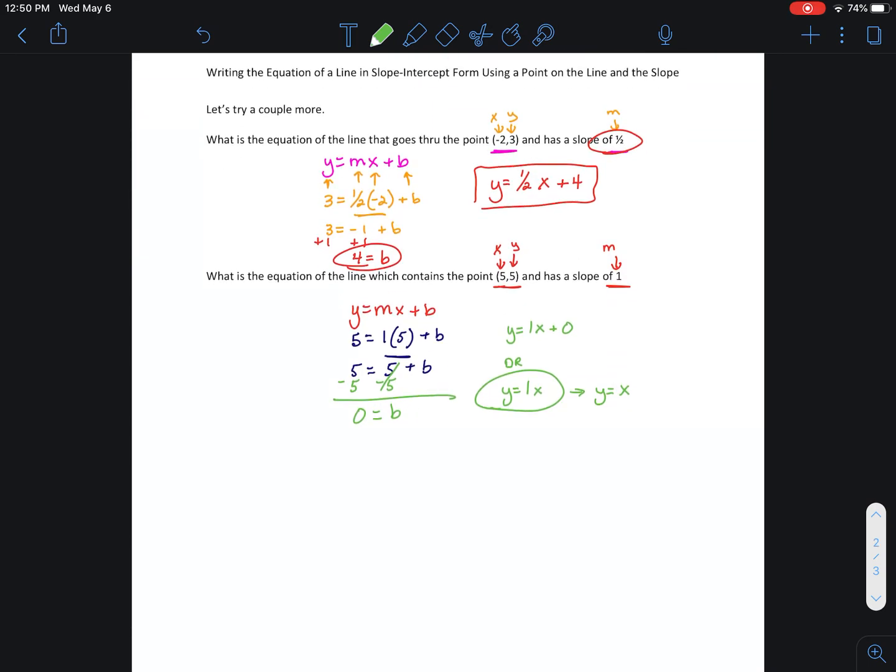What I'd like you to do now, remember, is open up that practice sheet that's back in Schoology, and I want you to try some on your own, and then I want you to check your answers with the answer key, and if you have any questions, contact me as soon as possible. When you're done with those practice problems and you feel good about writing the equation of a line, then go ahead and do the Desmos activity, and you're done for the day.